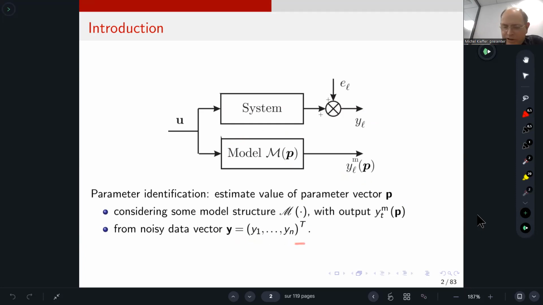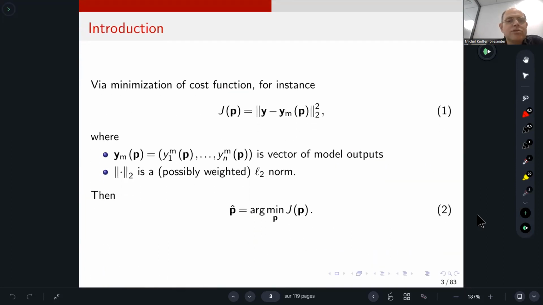So this is a classical problem, and usually it is addressed via the minimization of a cost function, where you try to minimize the norm between the measured output and the model output, and you try to find the vector of parameters that minimizes this quantity. The estimate is the argument of the minimum of J of P.